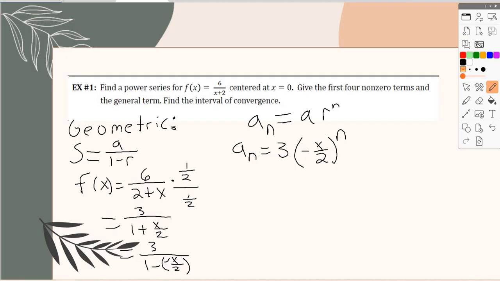That makes sense because remember our power series are going to have x's in them. That's kind of the point. Because I'm trying to rewrite a function as a series, my function has x's in it, which means my power series has to have x's in it.